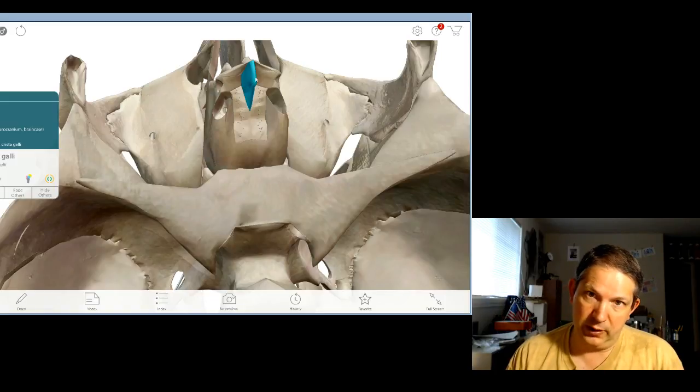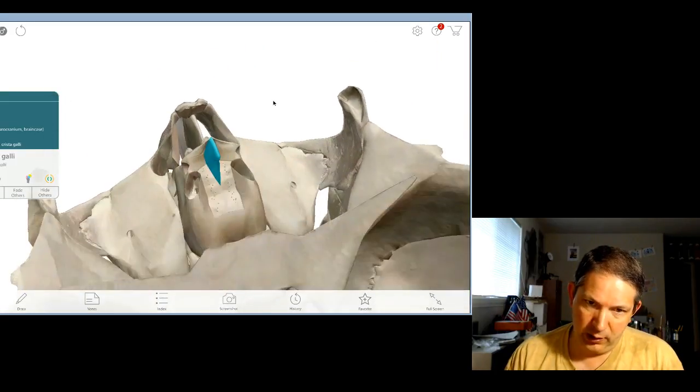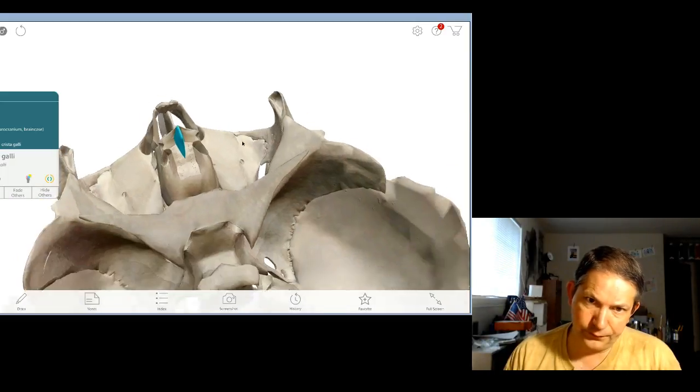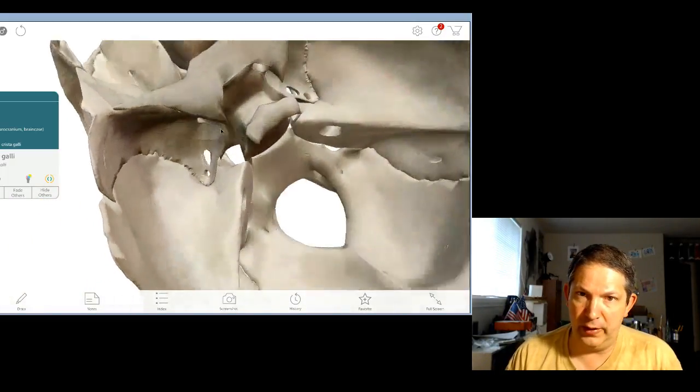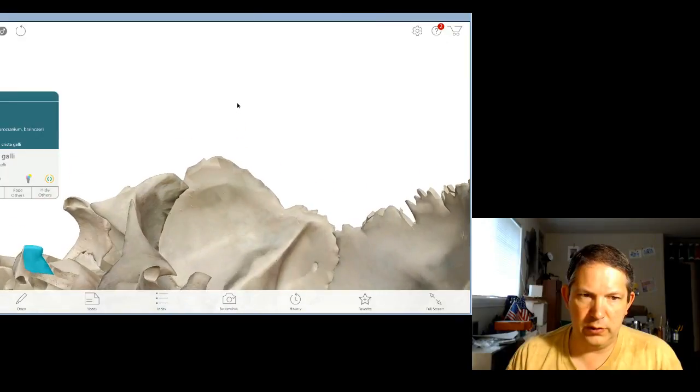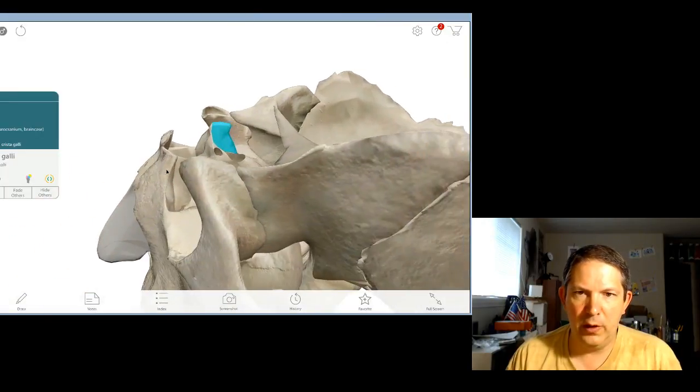So they're letting us click on what's called the crista galli. Crista referring to a crest, galli referring to a rooster, like a galliform. So there's the rooster's comb, or the crista galli, and it's the upper part of the ethmoid bone. There's a piece of meninges covering around the brain that attaches here.